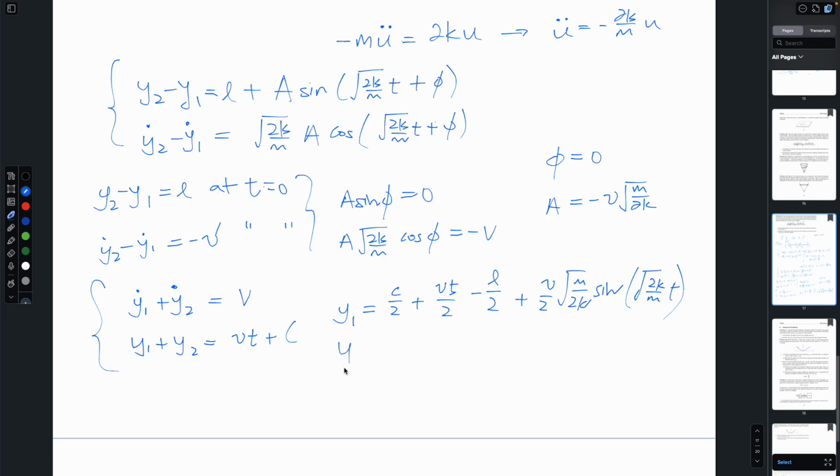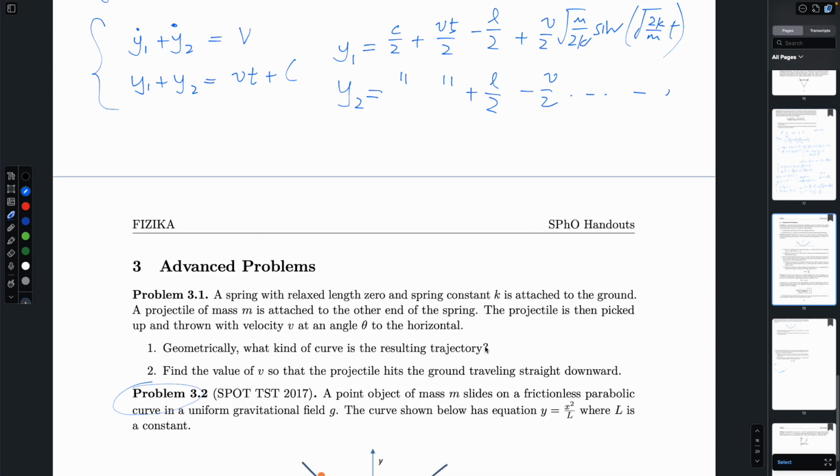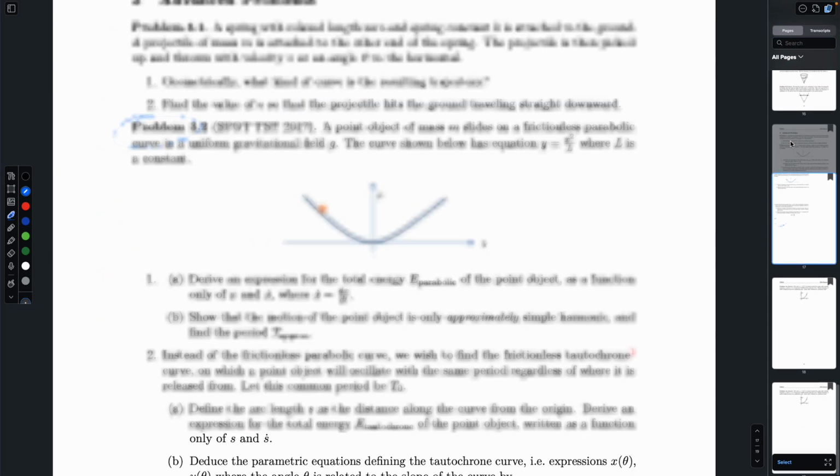And then you should get y2 is just the same, but with a negative sign, I think. It's plus L over 2 instead, and then minus v over 2, and so on.